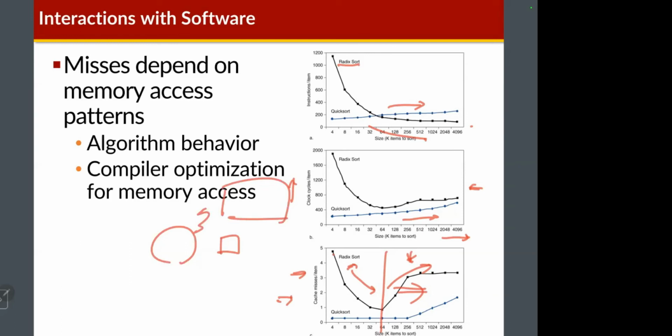So when the size of data is small, like here, we can store this small-sized data in the cache, and the performance of this application benefits from the cache hierarchy, the cache memories, because this small amount of data can be stored in the cache, and then the processor can access the cache memories many times.